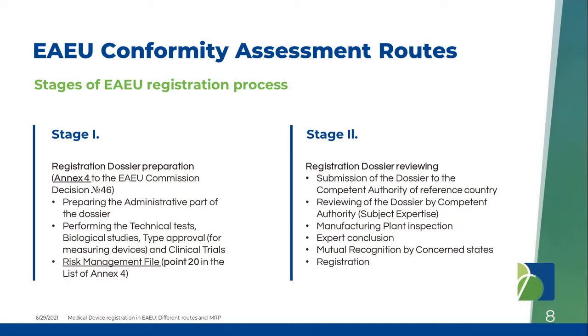So we should prepare the administrative part of the dossier, perform the technical tests, biological studies, type approval for measuring devices, and clinical trials. And I would like to highlight risk management file. It's very important document now. It's point 20 in the list of the Annex 4. It's a list of the documents. I will explain why this document is so important later.